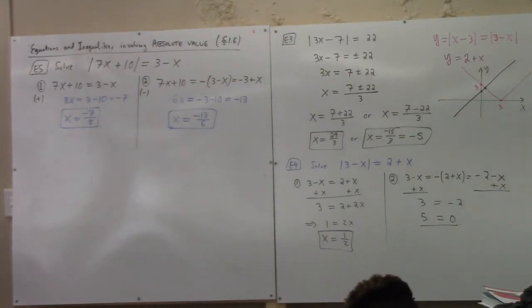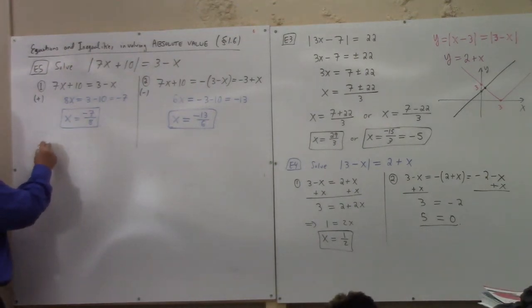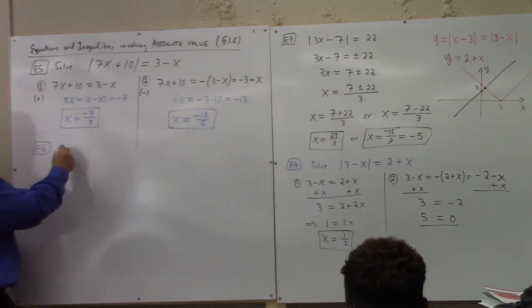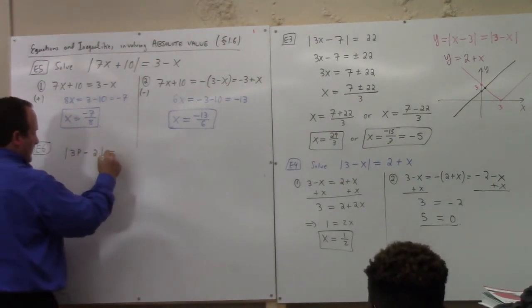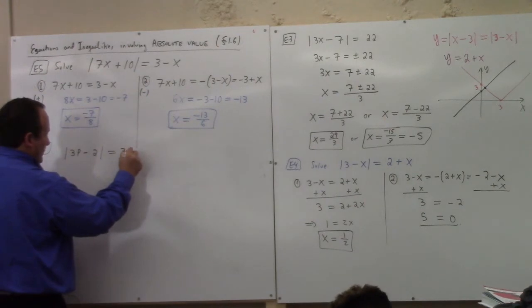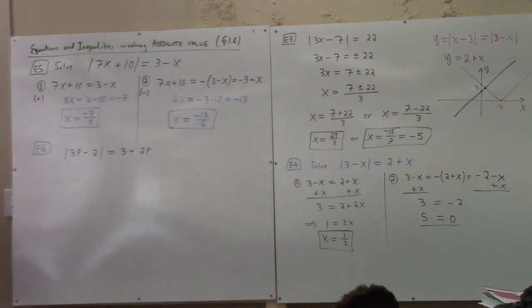Let's do another. What if we had the absolute value of 3p minus 2 is equal to 3 plus 2p? The same song and dance, right?